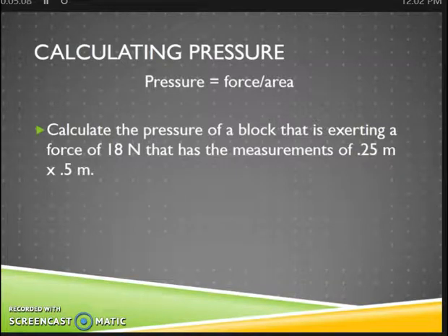To start this one off, we need to identify what is 18 newtons. Is that my force or is that my area? And what is 0.25 meters by 0.5 meters? Is that my force or my area? And I have some math calculations that I have to do. So pause the video, set it up, and make sure that you get the answer and check it with your teacher.